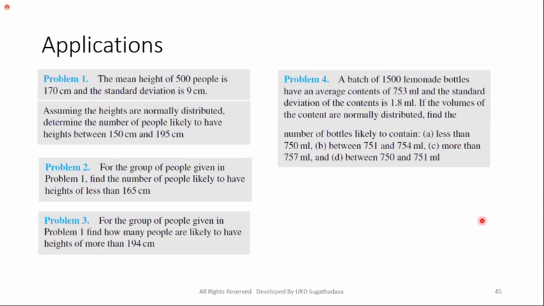Everybody get that value? 0.2912. Then multiply by 500. What is the number you get? It's a very simple thing: 146 to the nearest whole number. Out of 500, 146 people's height is less than 165 centimeters. That is the second part.